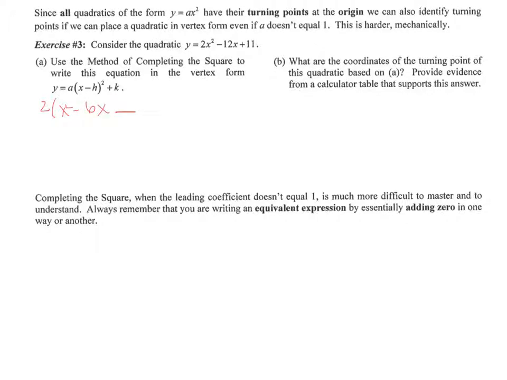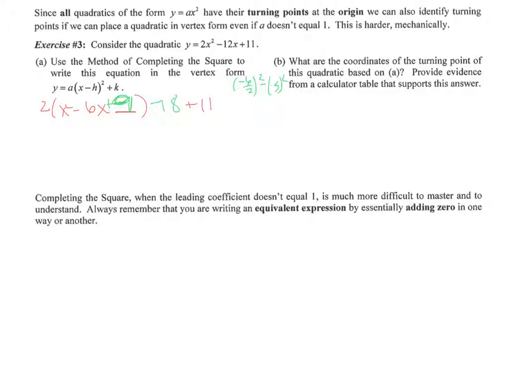And we don't know what our c is yet because we're making a perfect square, right? But we still have our plus 11 from up above. Now, we need to figure out what our c is. So, -6 divided by 2 squared is -3 squared, which is 9, so this is going to be plus 9, which means we're going to subtract 18.